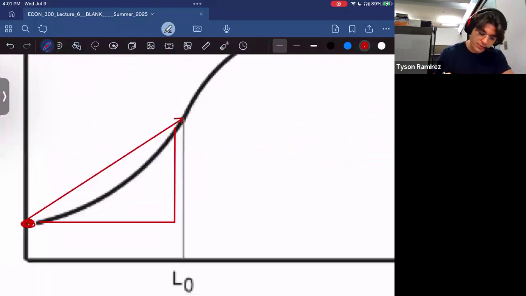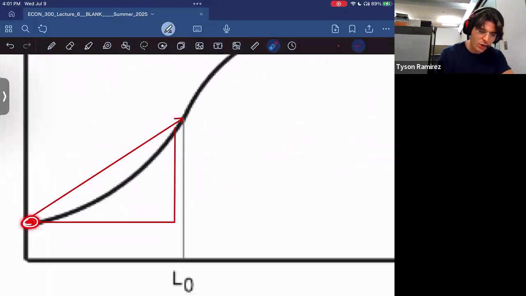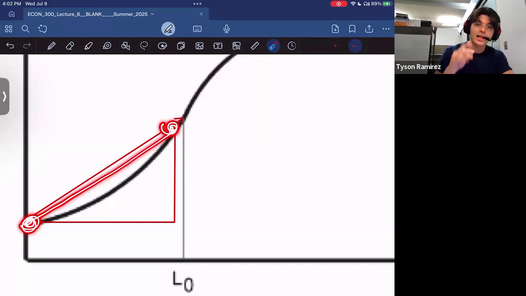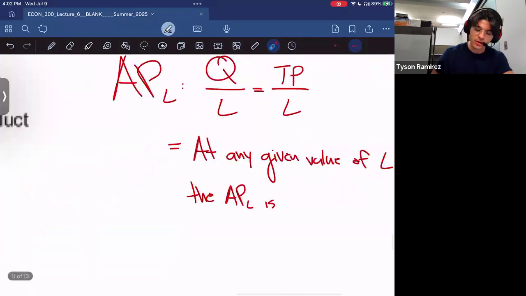So what I mean by that is, and I say origin, I mean where the curve starts, where the actual production function starts. So at L0, I take a point here and I find a point here and I calculate the slope between those two points. That slope is the average product of labor.